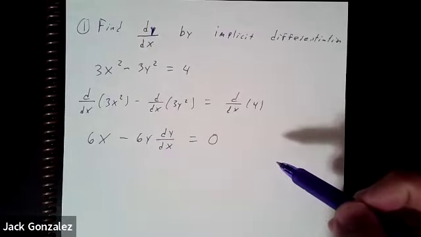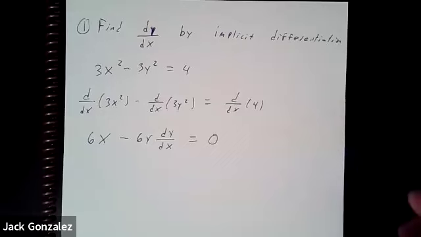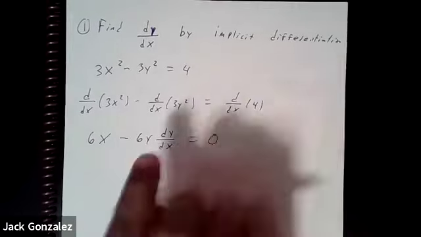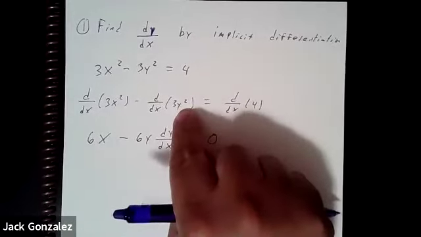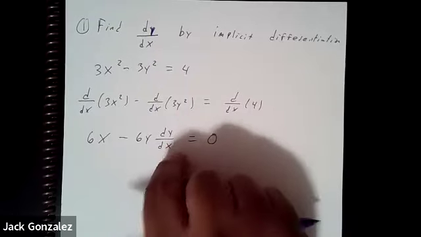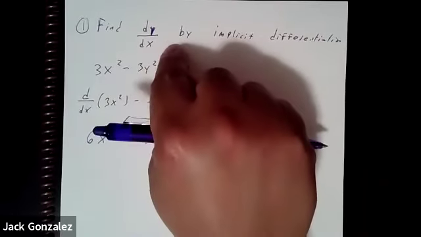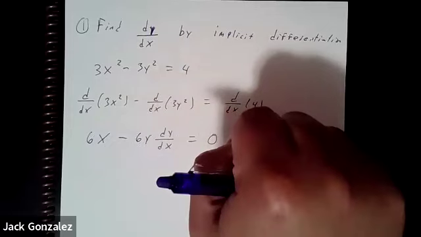Any questions about this first step here? So this is just a basic power rule, and then you tack on this implicit part. But they want dy dx, so use your algebra to solve for it.